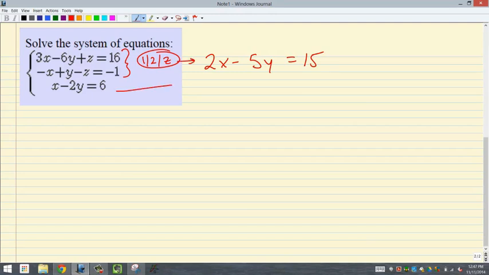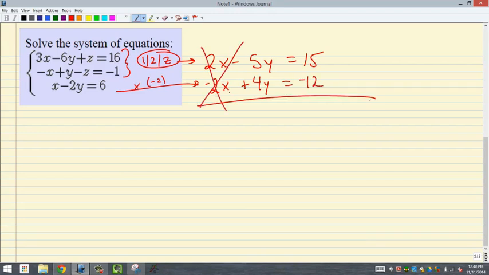Now bring in equation 3, and we need to get rid of something. How about if we take this second equation, and let's multiply the second equation by negative 2. So that'll give us negative 2x plus 4y equals negative 12. That looks like a good move.